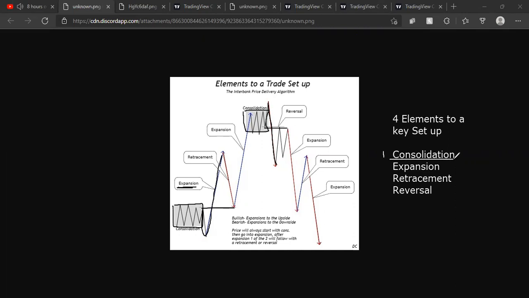It'll always be consolidation, and expansion will be your second.